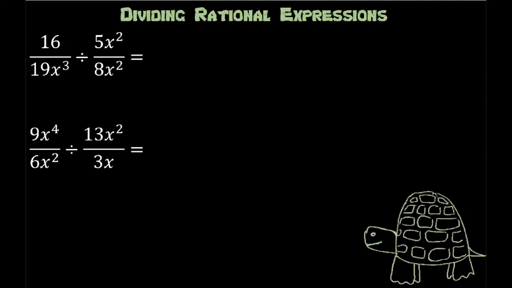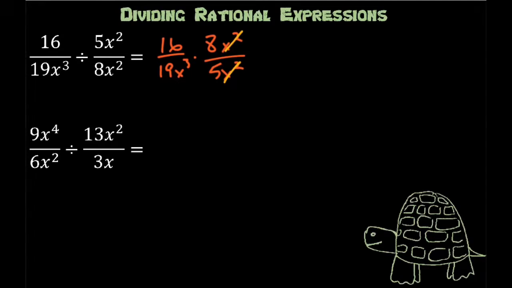Here we go. When we are dividing rational expressions, we have to take the second fraction and write its reciprocal. So instead of 5x squared over 8x squared, we have 8x squared over 5x squared. Now, I could do this multiplication straight away. However, I think it's actually nice to get rid of some of the terms when we can, like this x squared and that x squared.